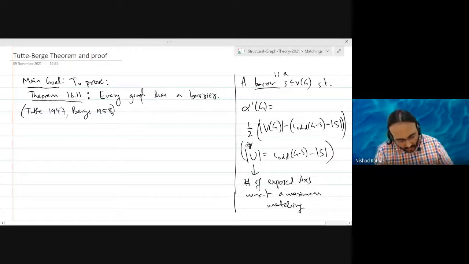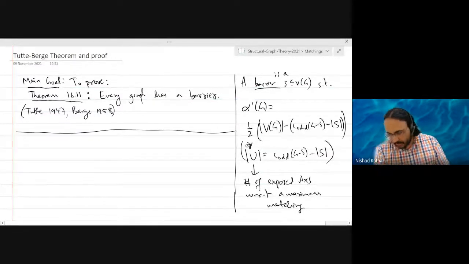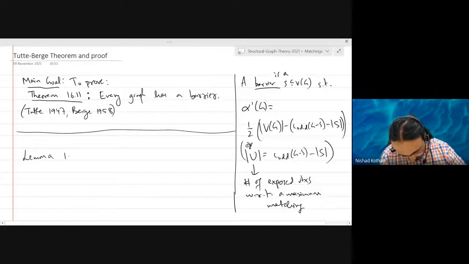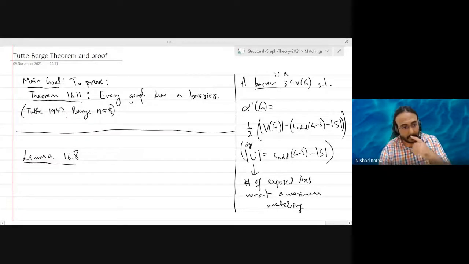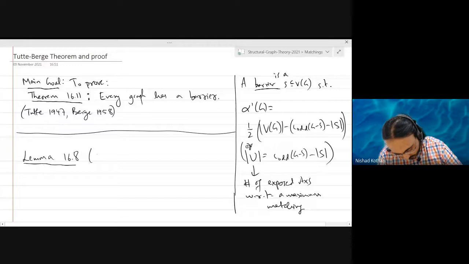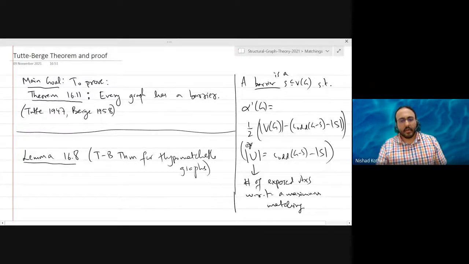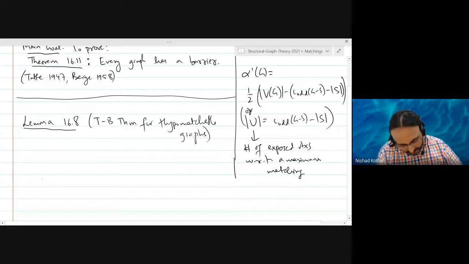So, right. So let's first observe that actually proving the Tutte-Berge theorem for hypomatchable graphs is quite easy. So lemma 16.8. Basically, it's the Tutte-Berge theorem for hypomatchable graphs. Okay, so let's look at an example.